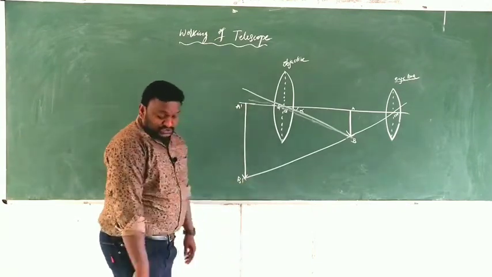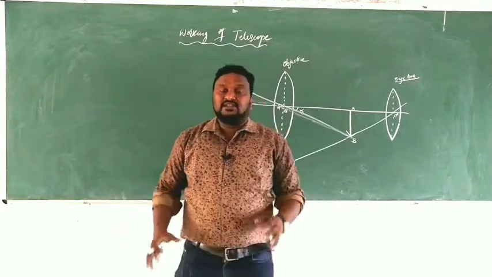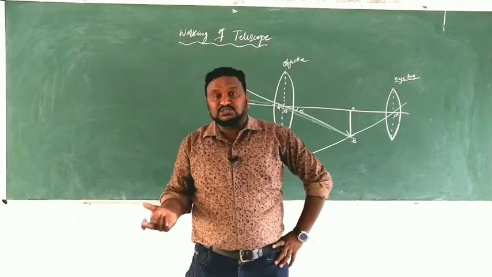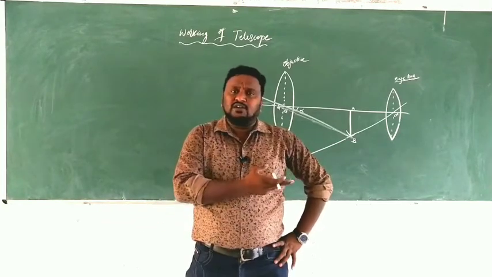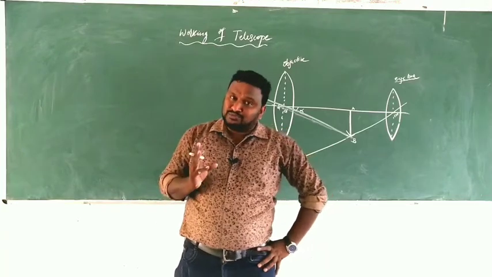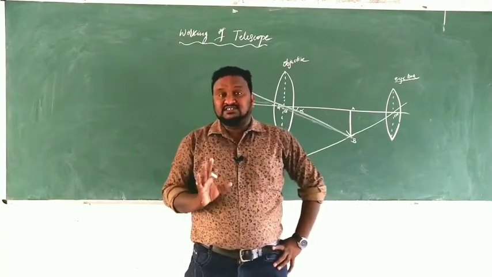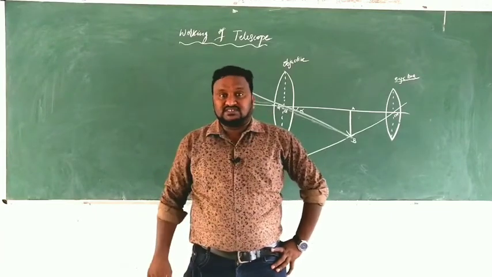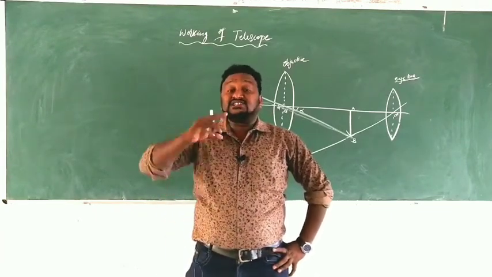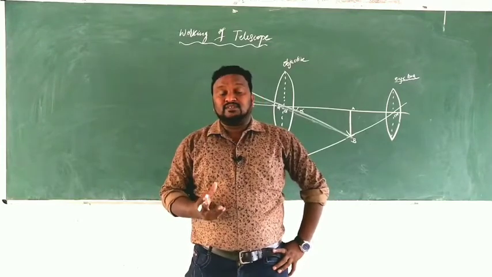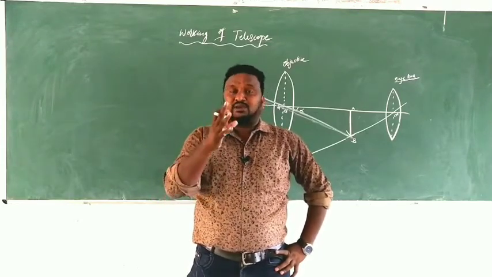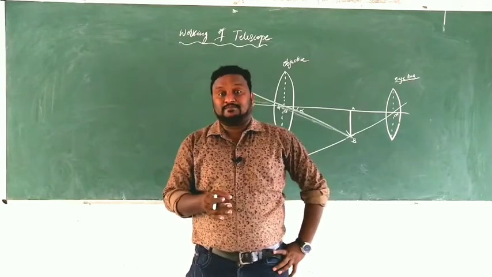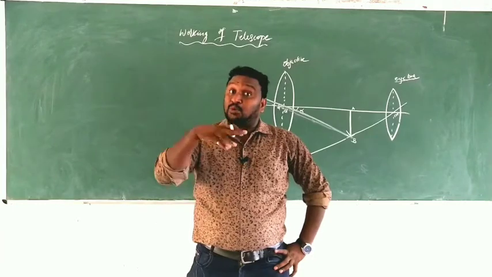There is one difference between the compound microscope and the telescope. The general difference is that a compound microscope is used for near objects and a telescope must be used for far objects. There is also a difference in construction. In a compound microscope, the object lens has less focal length and the eye lens has more focal length.